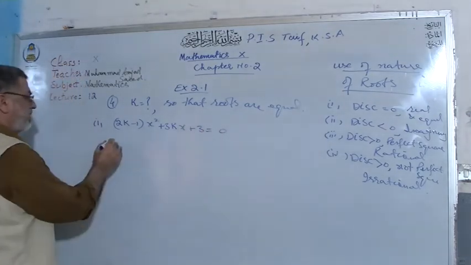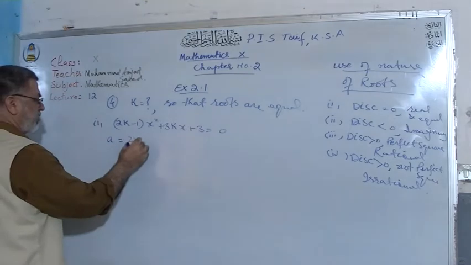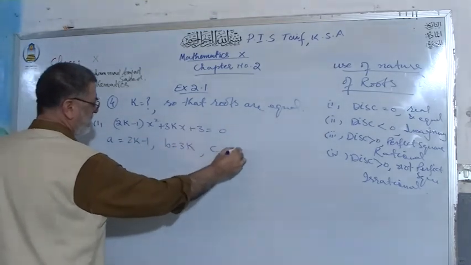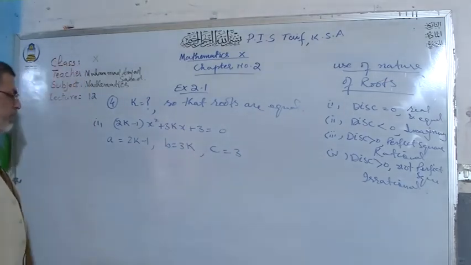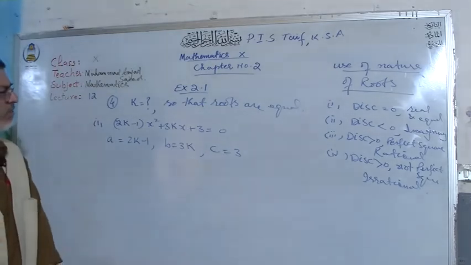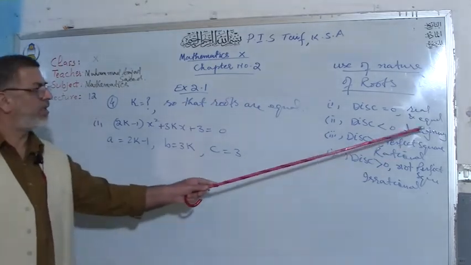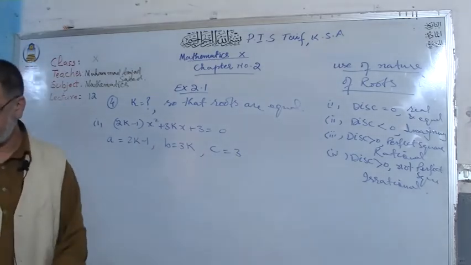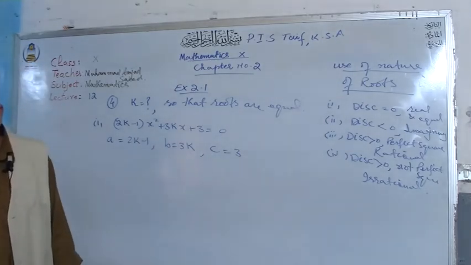Here you can check a is equal to 2k minus 1, b is equal to 3k and c is equal to 3. You know that if the roots are equal and real, then the discriminant will be equal to 0. We will apply this result.